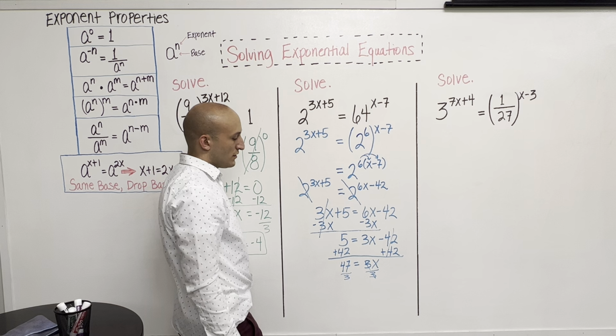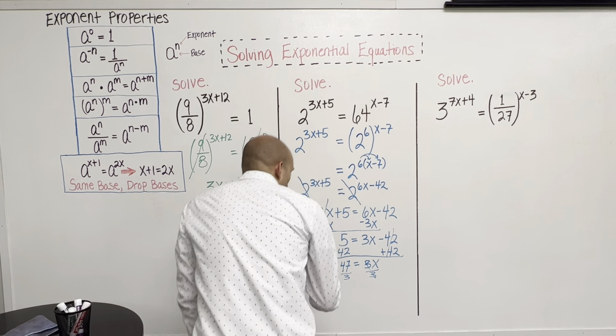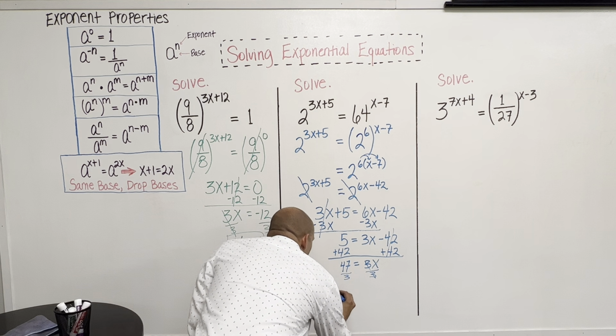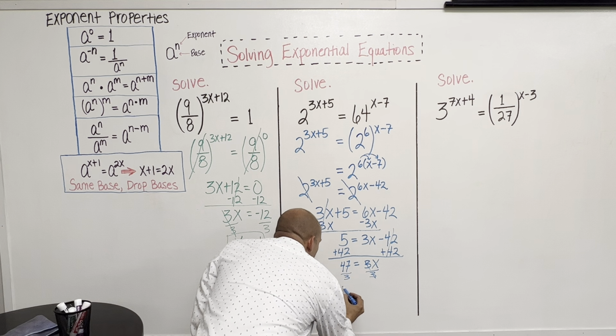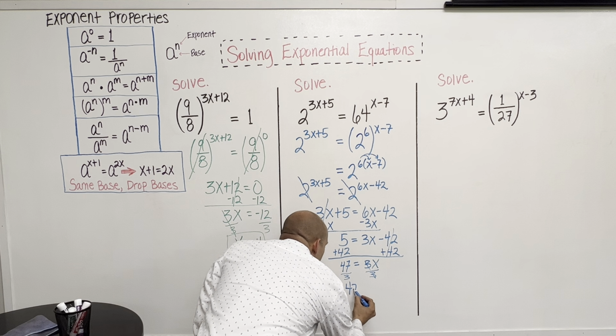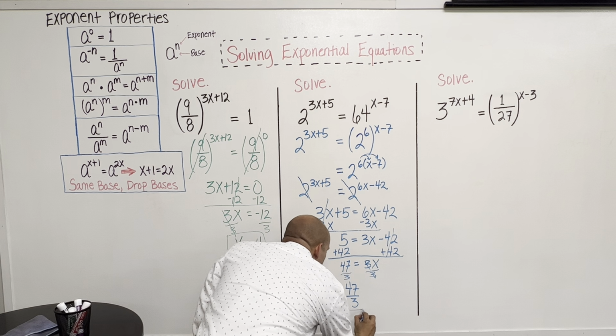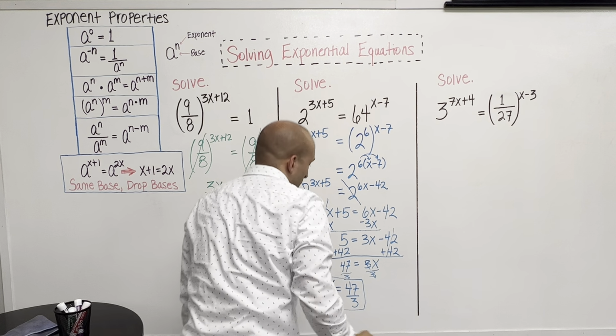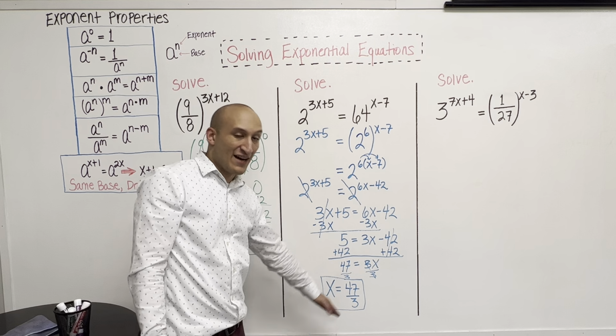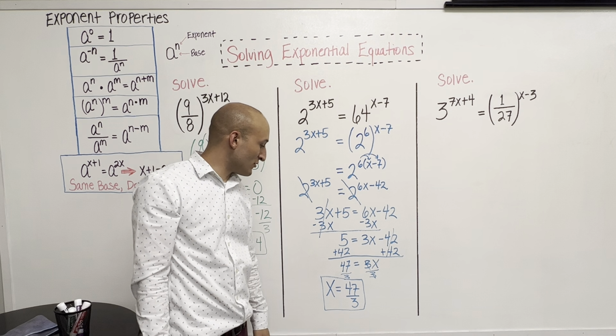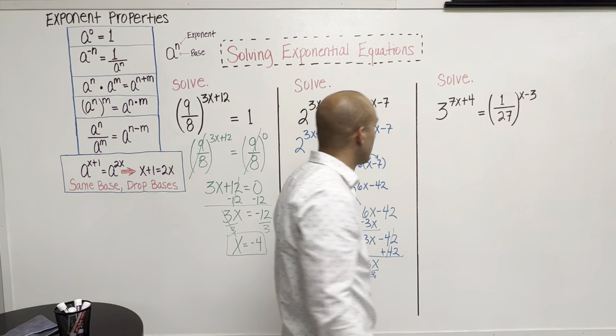So x equals 47 divided by 3. Can't reduce there any further, so that's my final answer.